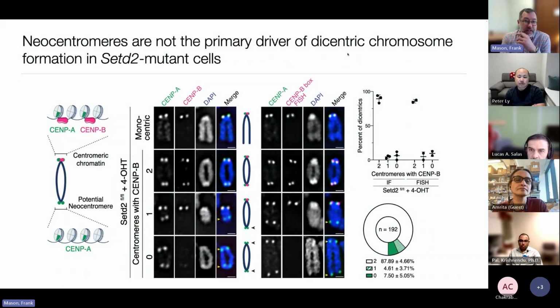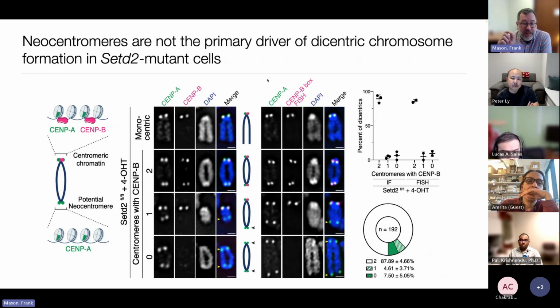So to test if neocentromeres predominate in these cells, we isolated metaphase spreads and we stained for CENP-A, the histone variant that epigenetically marks centromeres. And we also stained for this protein CENP-B, which is a DNA binding protein that binds 17 base pair boxes at centromeric DNA.